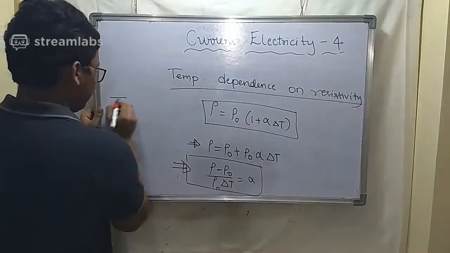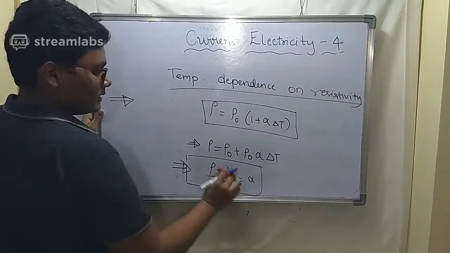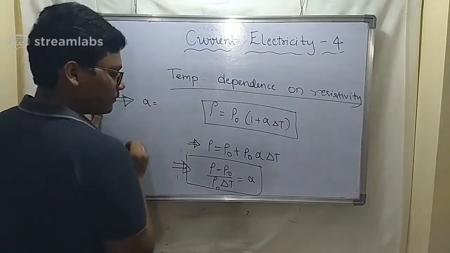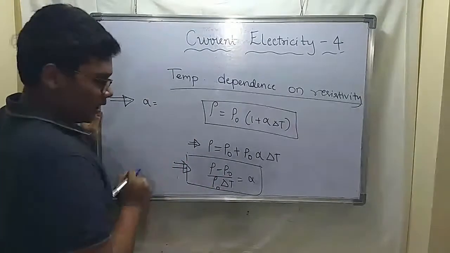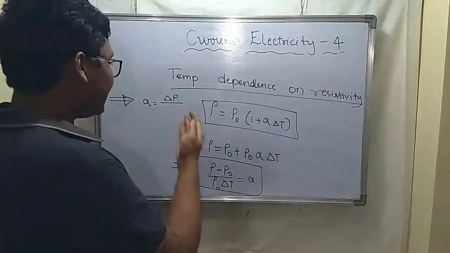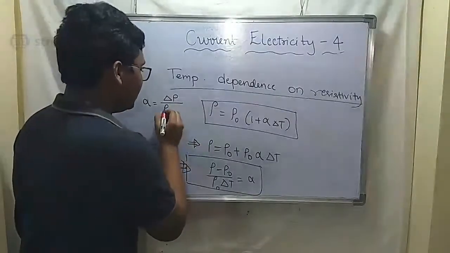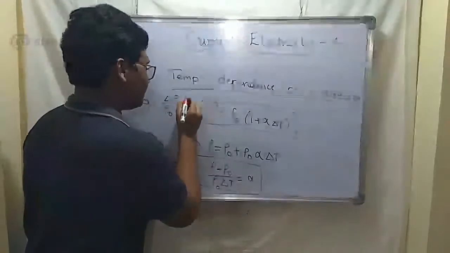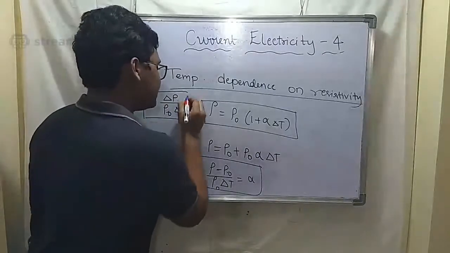So alpha is equal to the change in resistivity, delta rho, by rho naught into delta T.